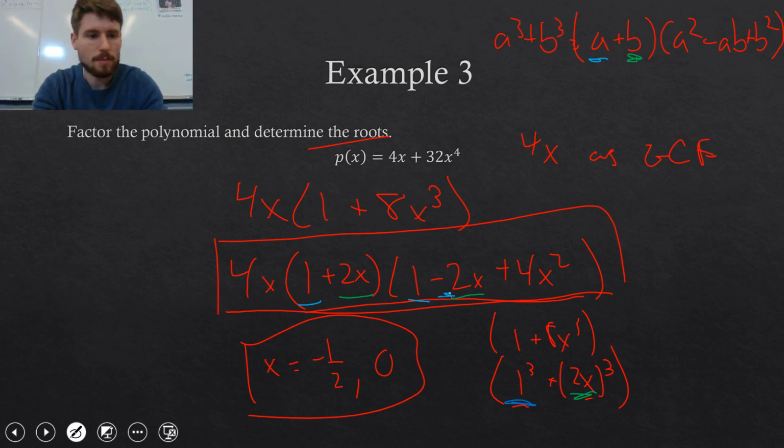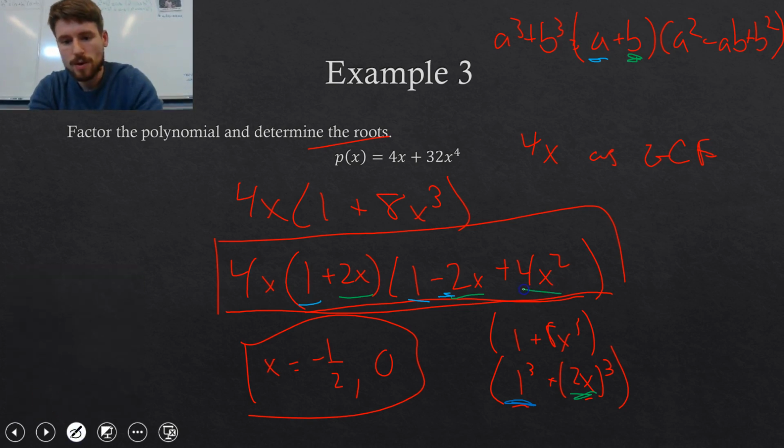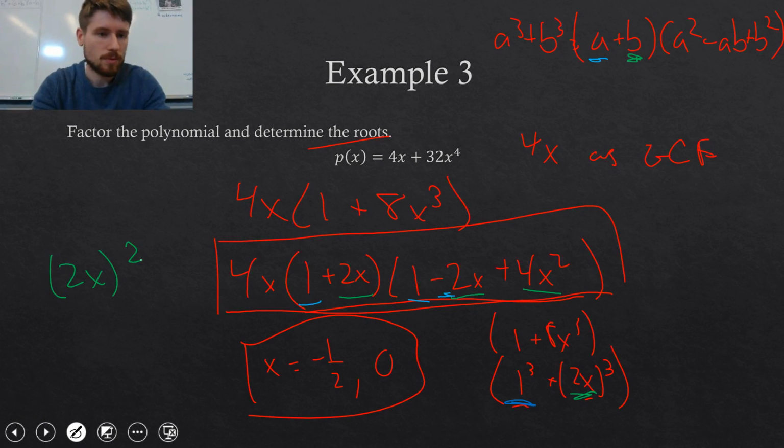So there's a hidden 1 there, but we don't write it because 1 times anything is that number. And then the last part is the 2x squared. And 2x squared is 4x squared. That sounds wrong. 2x squared with parentheses is 4x squared. Because remember, a is 2x. It's not just the x part. Okay. So that's how that problem factors out.